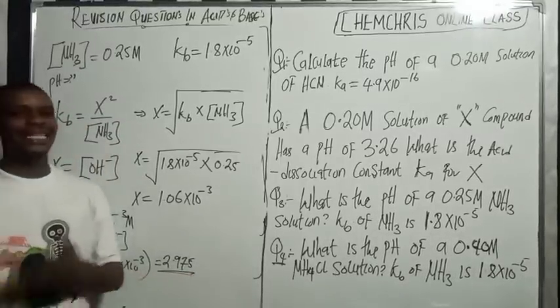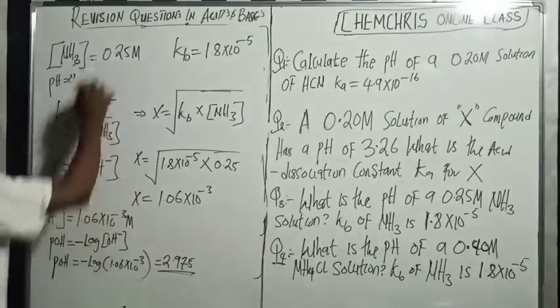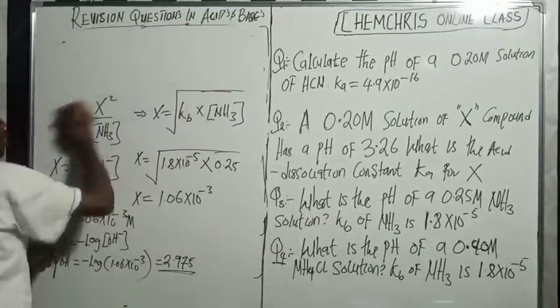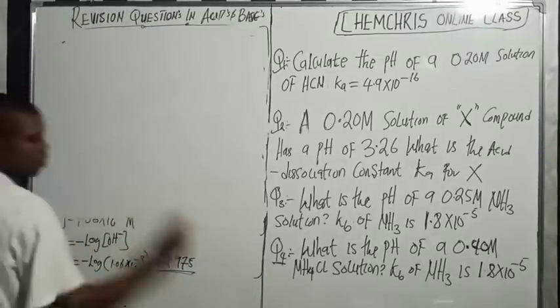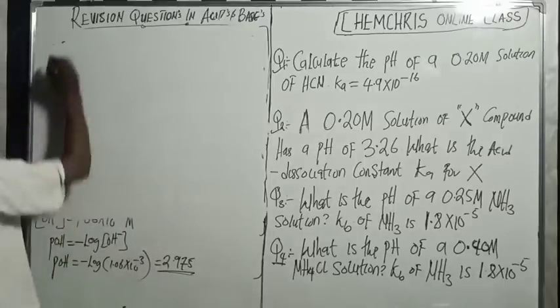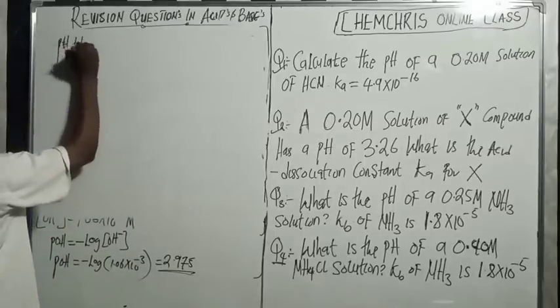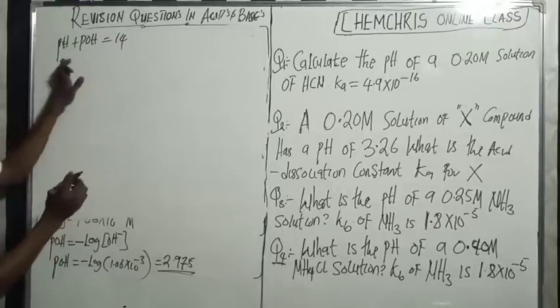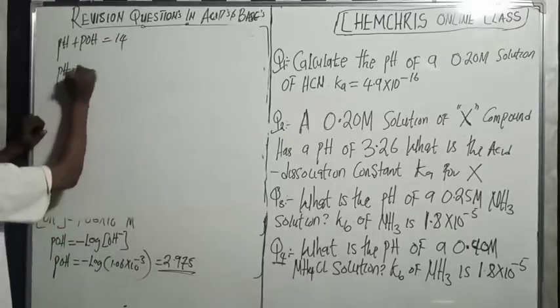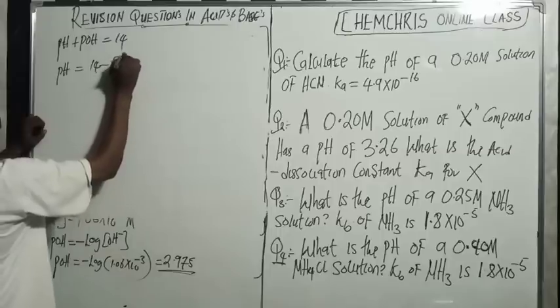So how do I really get my pH? I'll wipe this place out because it is no longer needed, so I can use it to solve the remaining problem. Remember, recall pH plus pOH equals 14, right? Making pH the subject of the formula, pH equals 14 minus pOH.